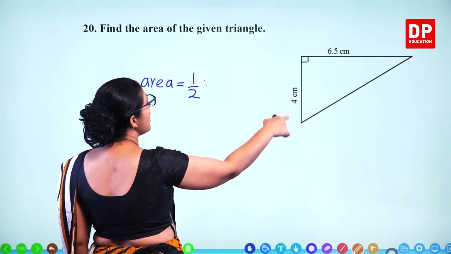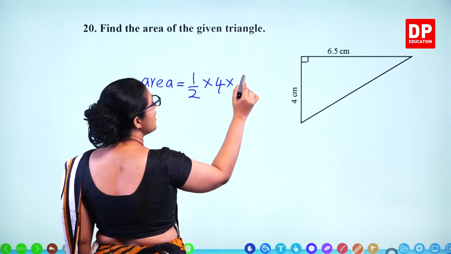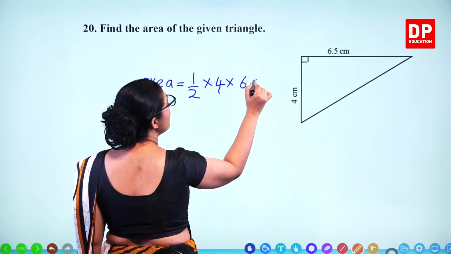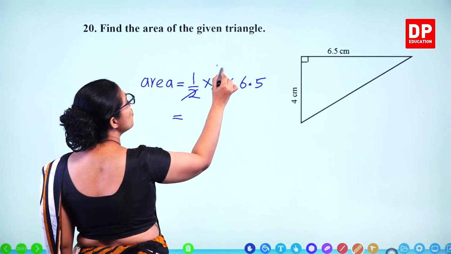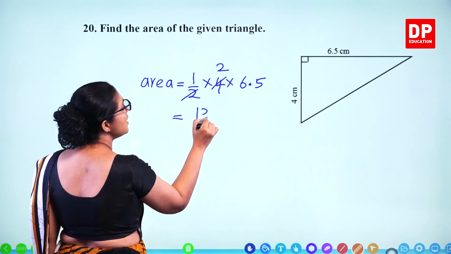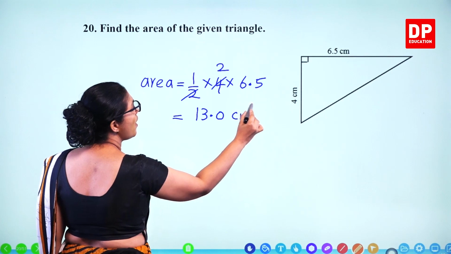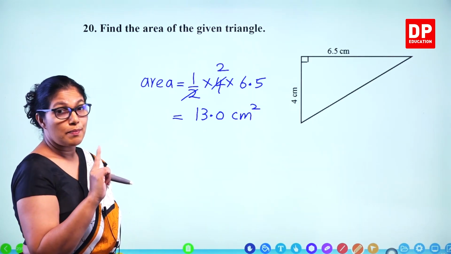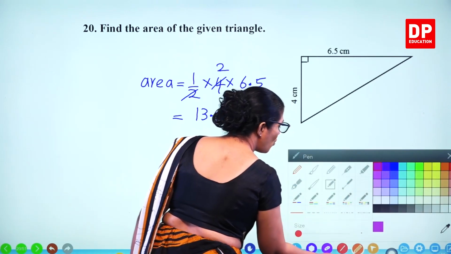You can take base as 4 and the perpendicular height as 6.5. 2 times 2, 6.5 into 2, you get 13 centimeters squared, because this is measured in centimeters. So you get 2 marks.